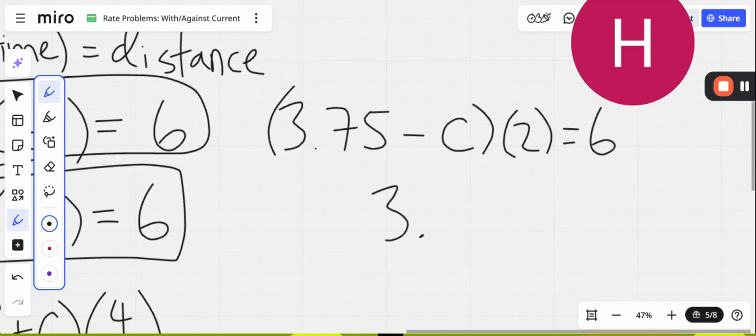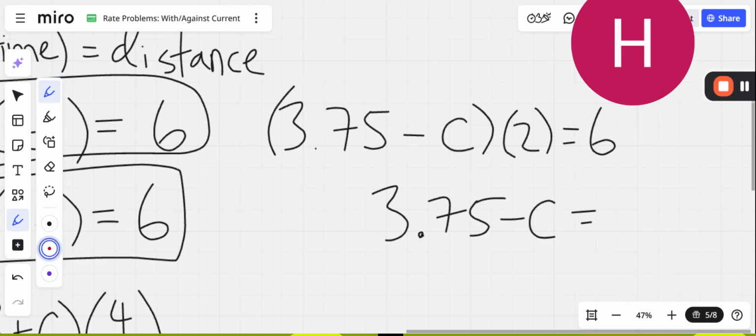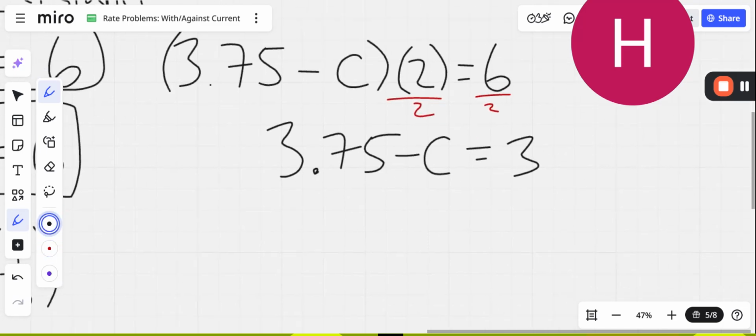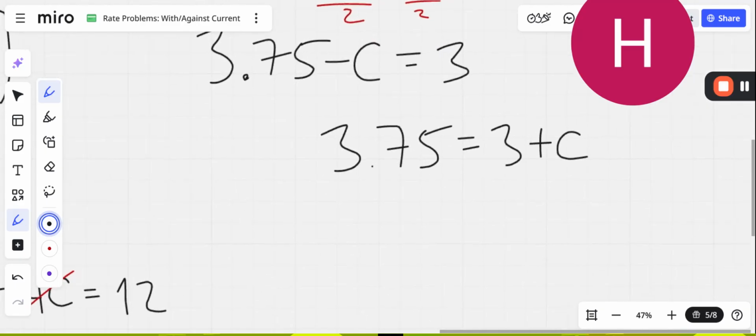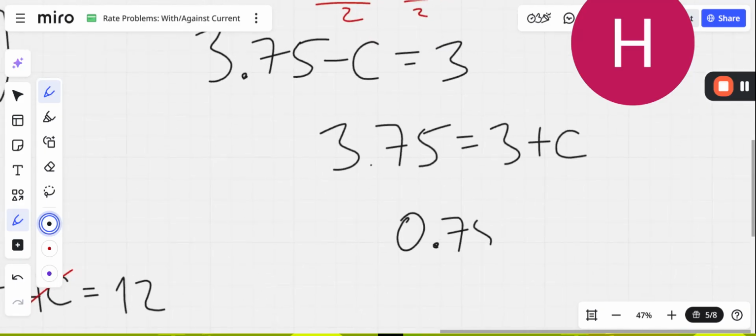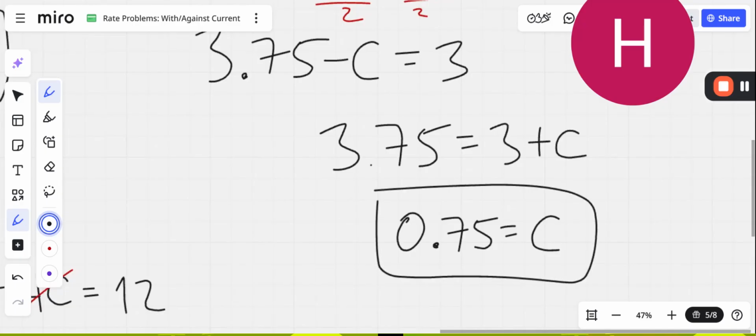So that means we have 3.75 minus c equals, we'll just divide both sides by 2, don't distribute, equals 3, which means 3.75 equals 3 plus c, and then we get 0.75, or 3/4 if you like, equals the speed of the current.